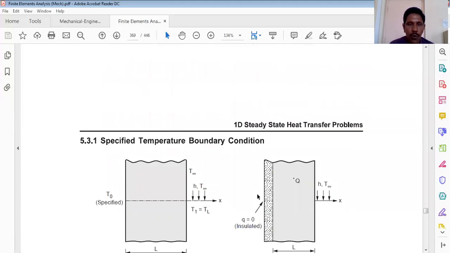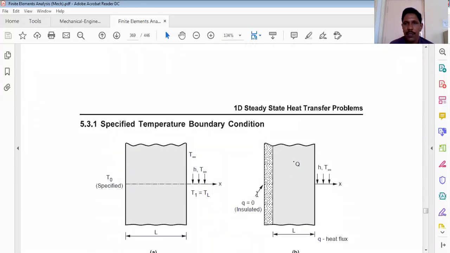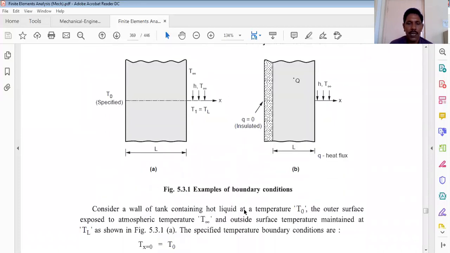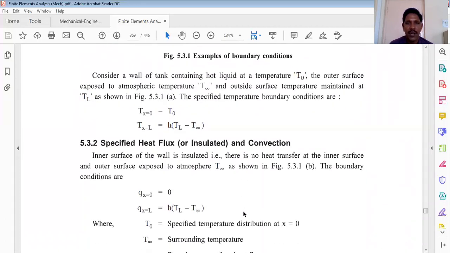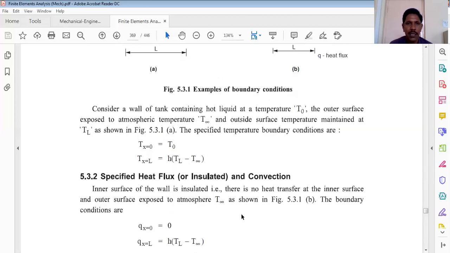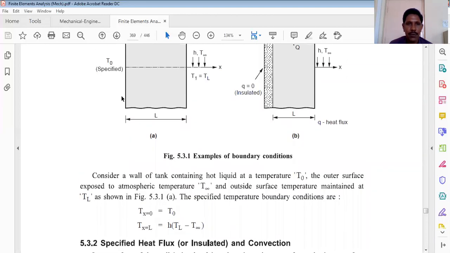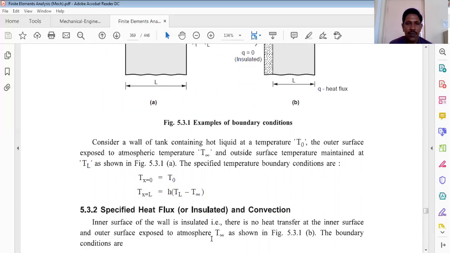So there are two boundary conditions in a heat transfer problem. Basically, one is the specified temperature boundary condition, and the other is the specified heat flux boundary condition or convection boundary condition. In case of specified temperature, we can express at x equal to 0, it is T naught, and at x equal to L, it is TL, which is expressed as h into TL minus T infinity.